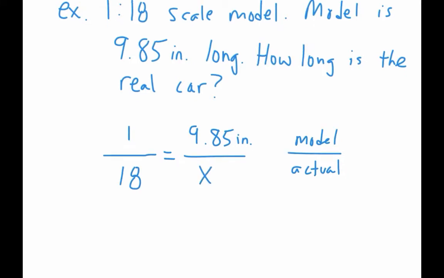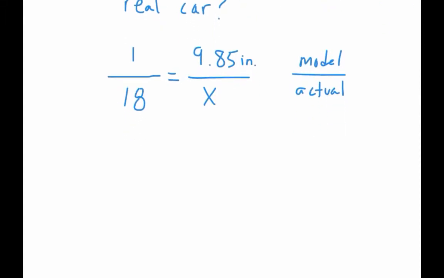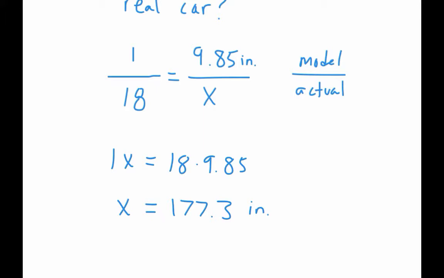And you'll find that Abby was right in her way of doing it, because if you cross multiply, you get 1 times x equals 18 times 9.85. So x equals just 18 times 9.85, which is 177.3 inches. It'll work if it's a 1 to something ratio.